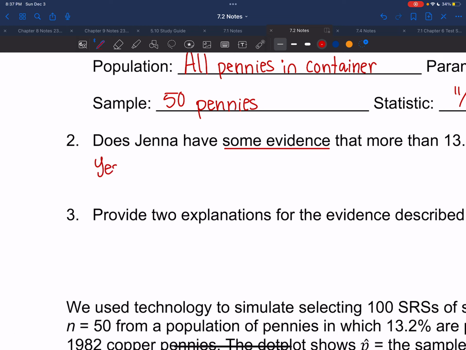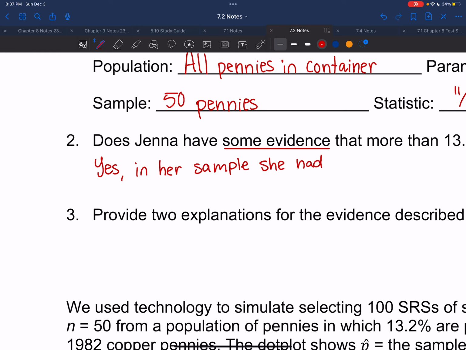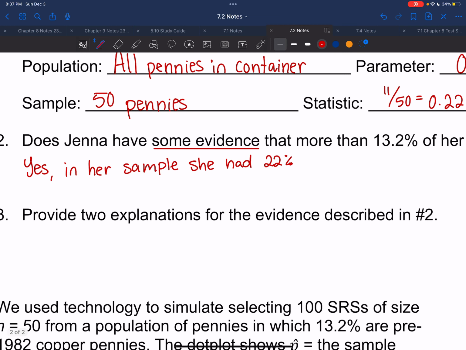So yes, in her sample, she had 22%, which is greater than 13.2%.